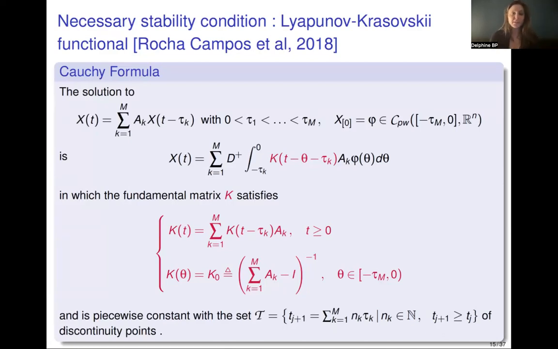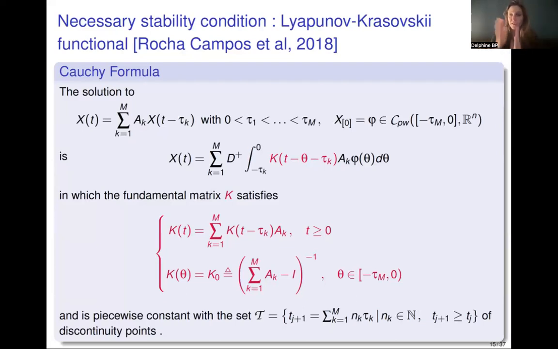Let me mention that K here is very specific because, as it is initially constant, it will be piecewise constant. You have something which is constant initially, then at time 0 you have a new K, you switch, but this is again a constant, right? The right-hand side is constant up until you reach the first delay, which is tau 1, where the value K of t minus tau 1 will switch, so you jump.